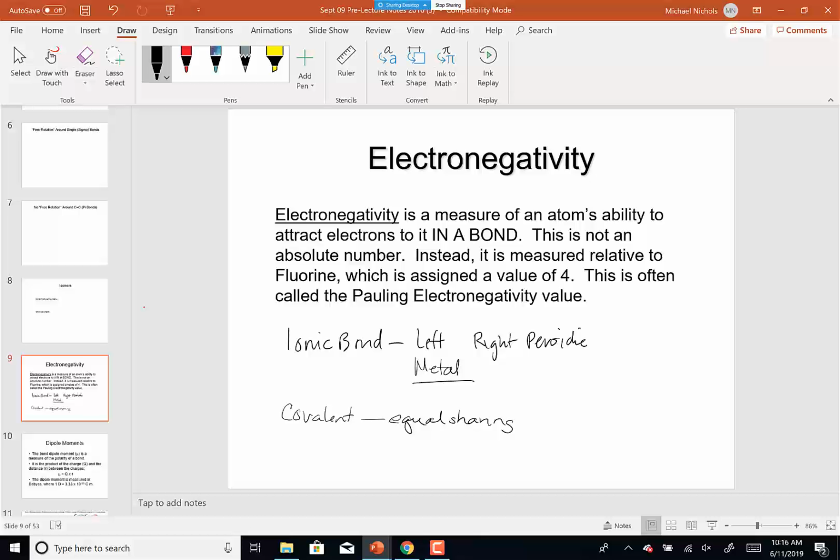Well, I'm going to say you get completely equal sharing between two atoms if they're exactly the same element. So a diatomic molecule, a carbon-carbon bond. We're going to make this extreme. We're just going to say you get equal sharing when the atoms are the same element.